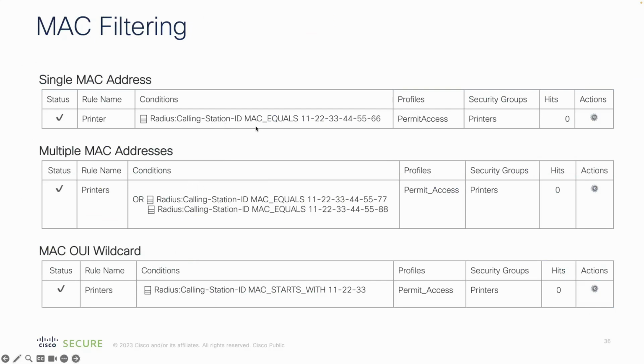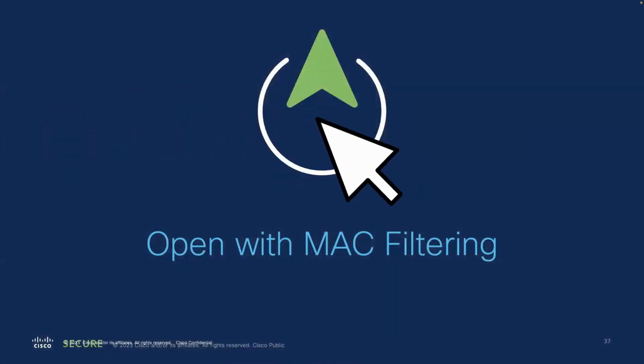There's a bunch of different MAC operators actually to match on MAC addresses and basically normalize these things so we don't have to care about whether it's dashes, colons, dots, or question marks, or who knows what kind of crazy delimiter between these bytes in the MAC address. So we can do a single match if you wanted. We can do multi-match, or we can do basically an OUI match with the MAC starts. So with that, let's go take a look and do some MAC filtering.